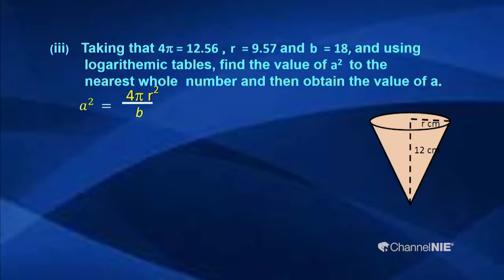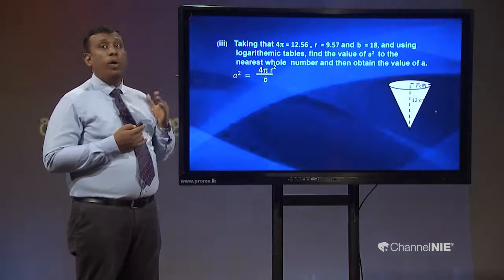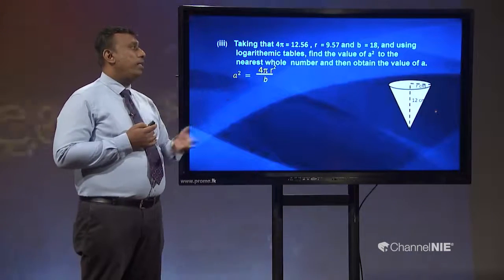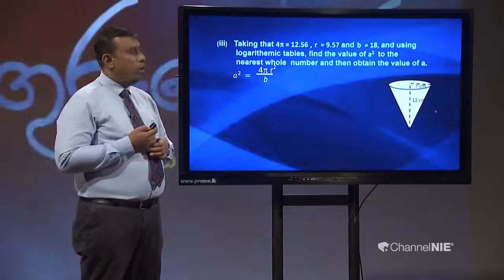Taking the 4 phi value as 12.56, R value as 9.57 and B value as 18 centimeter, and using logarithmic table find the value of A to the power 2 to the nearest whole number and then obtain the value of A. First you have to find A to the power 2 by the log table to the nearest whole number, then after that you have to obtain the value of A, right.